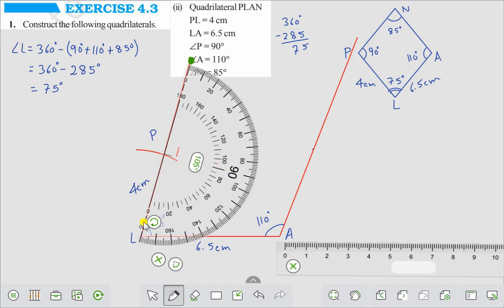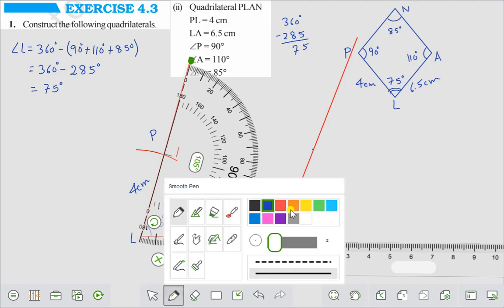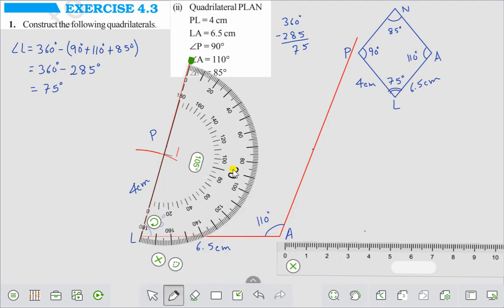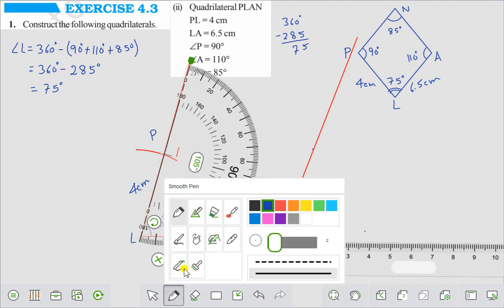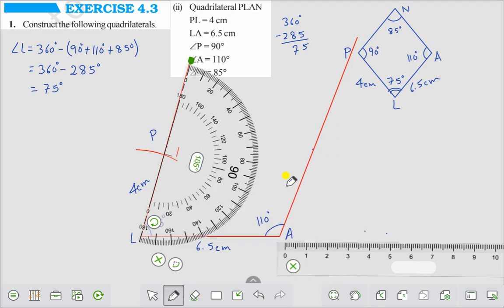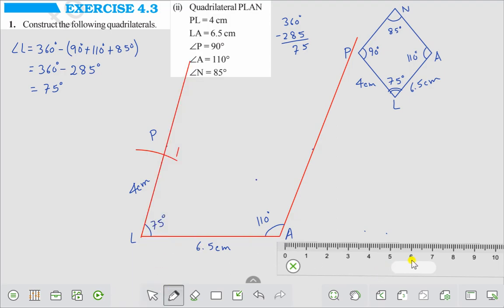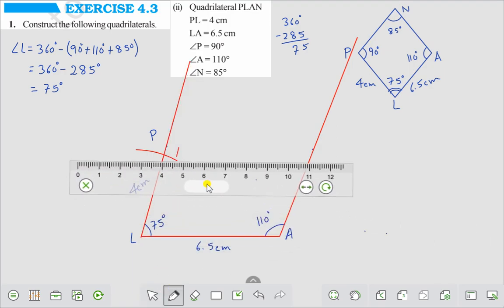We are taking this pointer at 90 degree, that is this point is 90, right? Now we are taking 90 degree here. Right? Now with the help of the ruler make an angle of 90 degree at point P.